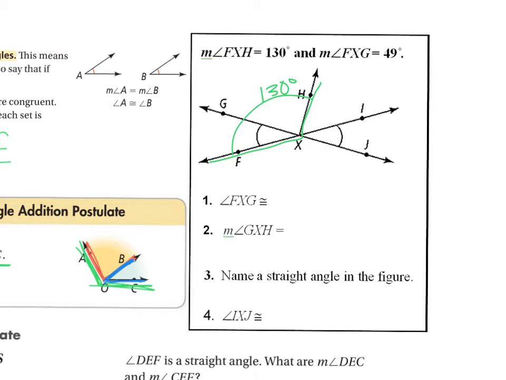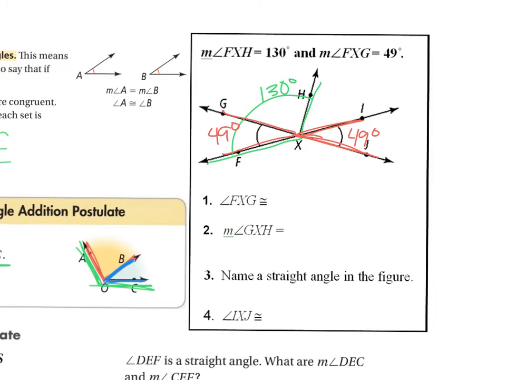And then FXG, I'm going to switch colors here so we can see, FXG is going to be 49. Okay, before we start solving anything, can you tell right off the bat what some angles are? Well, hopefully you see this one right here. And the reason I say that is because it has those lines that tell you they are congruent. So this one must be 49 degrees as well.